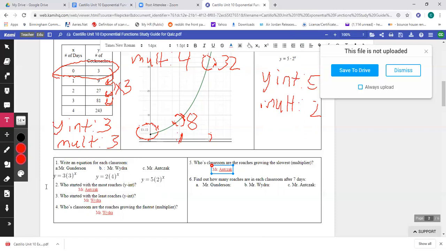Okay, so for Mr. Gunderson, you should have got 6,561 roaches.